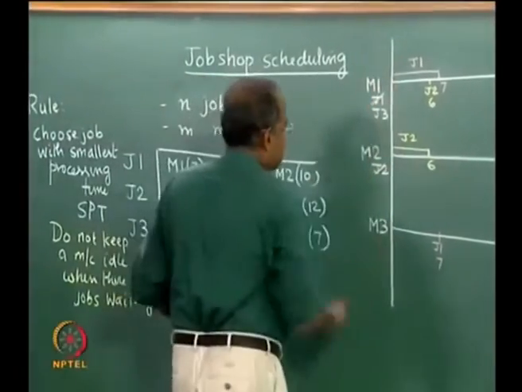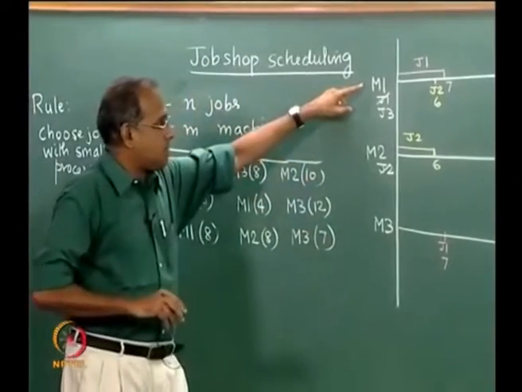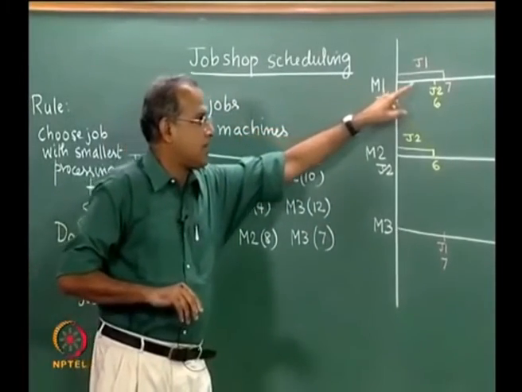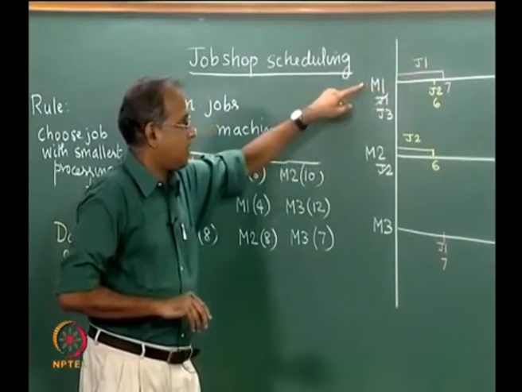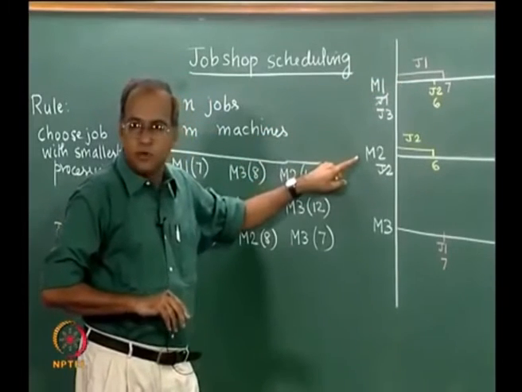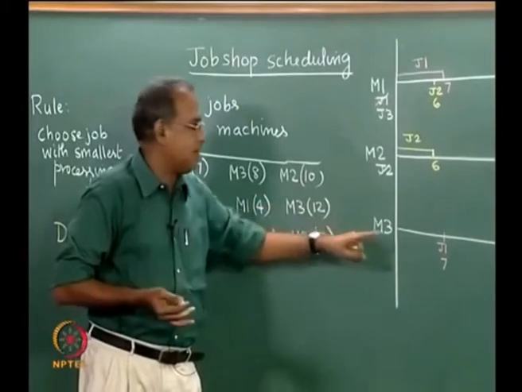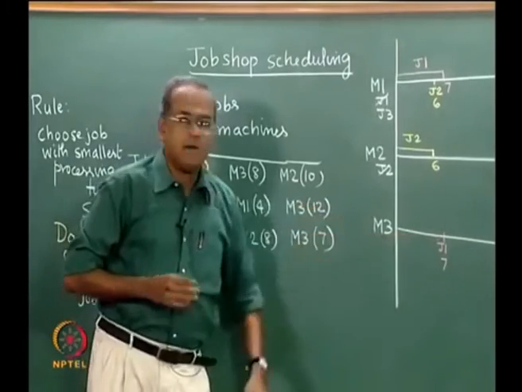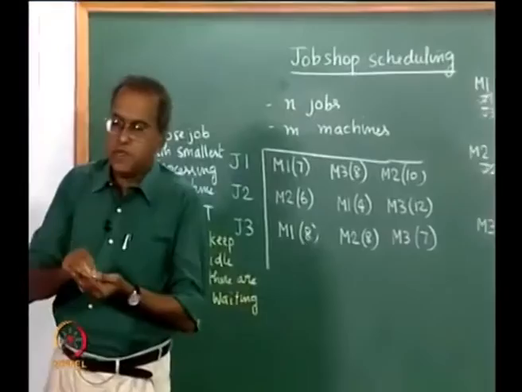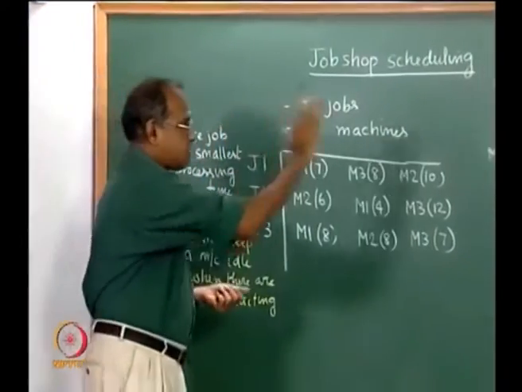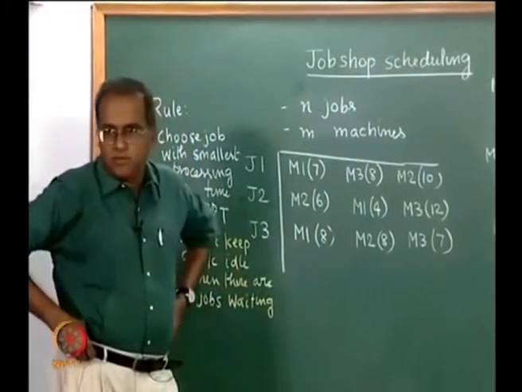So, at time equal to 0, we will see what is available and then make a decision accordingly. Now, we go back and see that up to time equal to 6 or up to time equal to 7, machine 1 is busy, machine 2 is busy up to time equal to 6, machine 3 does not have anything except at time equal to 7 it can start J1. So, the clock shifts to time equal to 6 now.